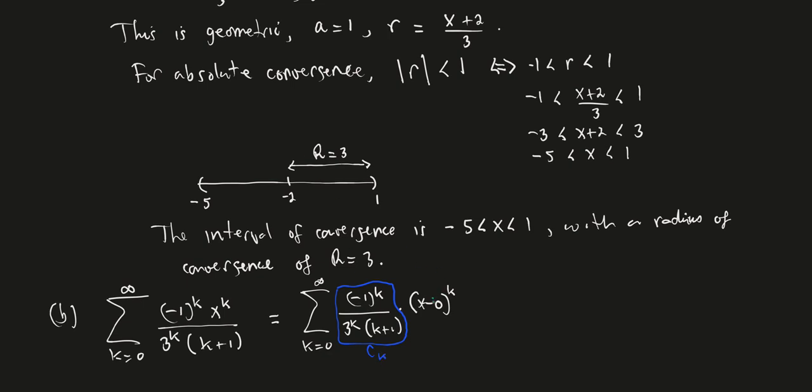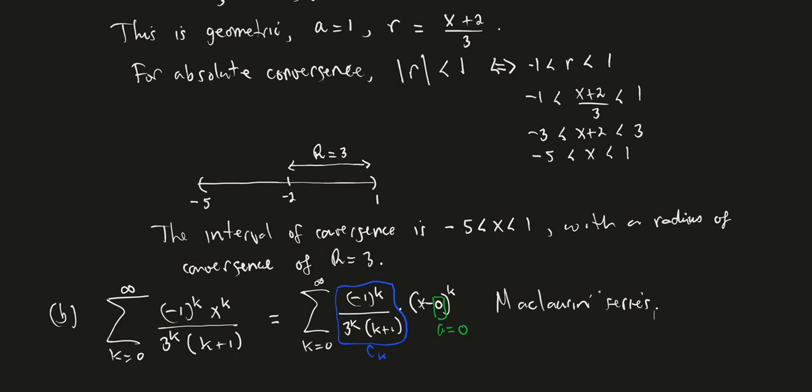And then here is my center at a equals 0. So in fact, because the center is 0, this one can be classified as a Maclaurin series, right? Again, does the word really affect what we do?